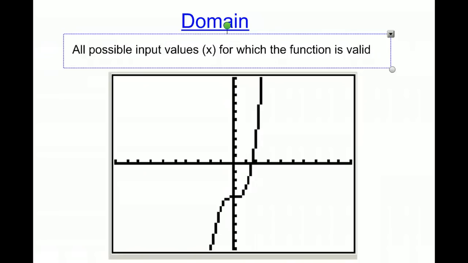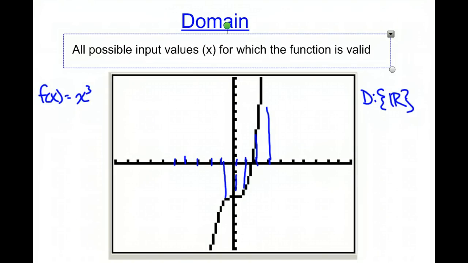Looking at our next one, we have the parent function, f of x equals x cubed. Again, we look at those x values and see that they do, in fact, have corresponding y values. So therefore, the domain is all real numbers because there are no breaks or asymptotes.